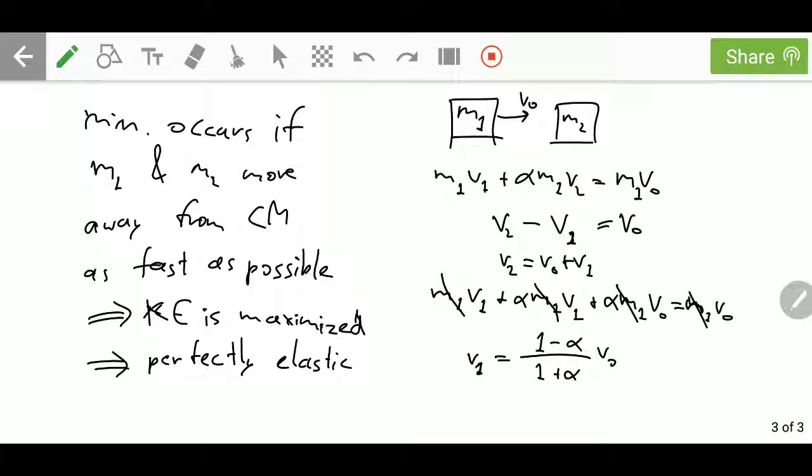Notice that this is always greater than 0, because we're told that alpha is less than 1. And remember, this is the minimum possible velocity, and yet it's still greater than 0. And thus we can see that minimum speed will be at minimum velocity.